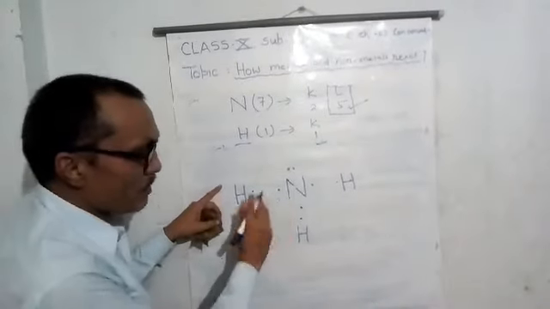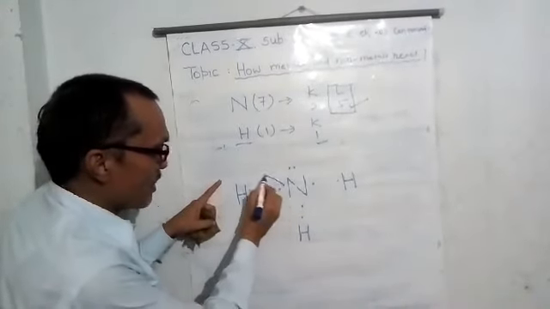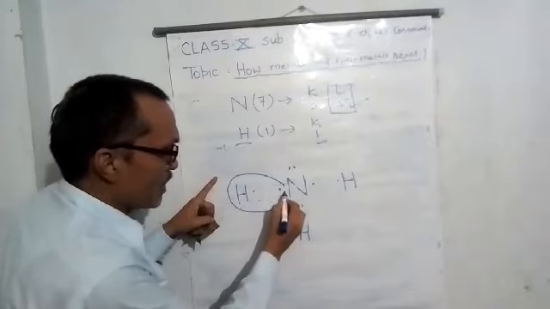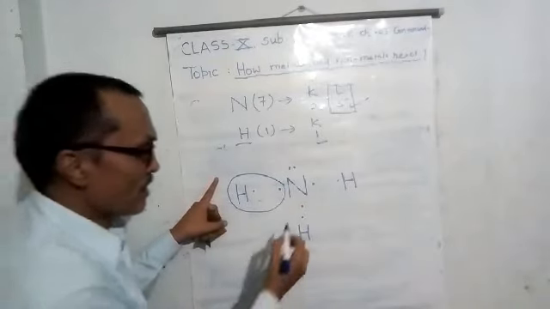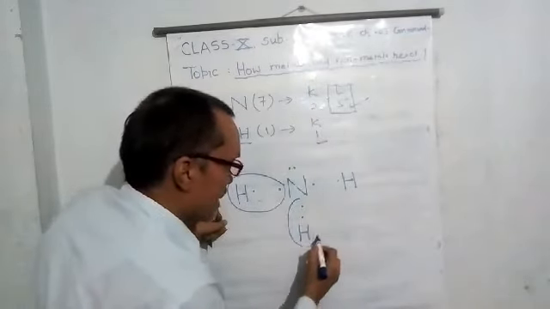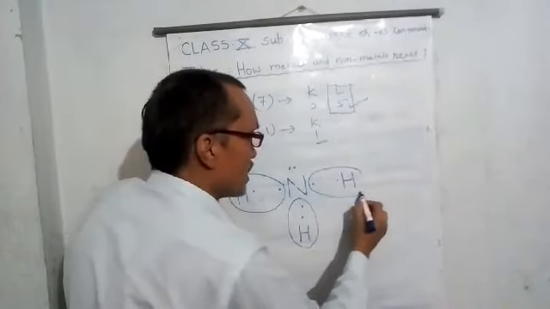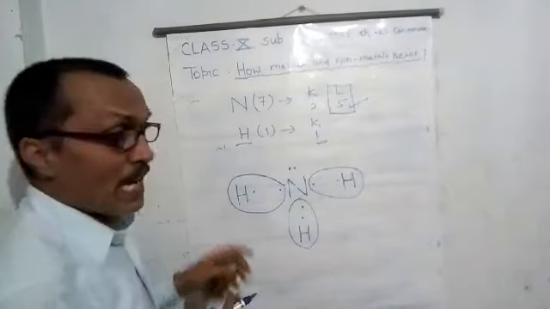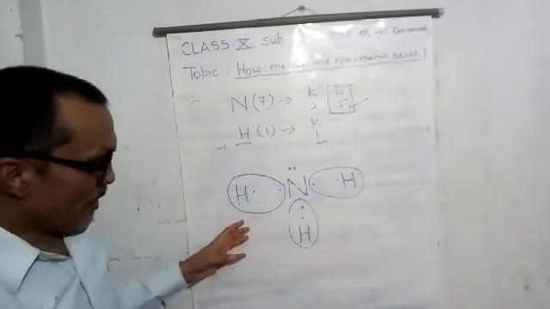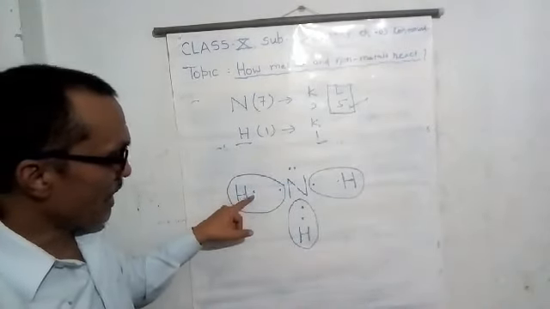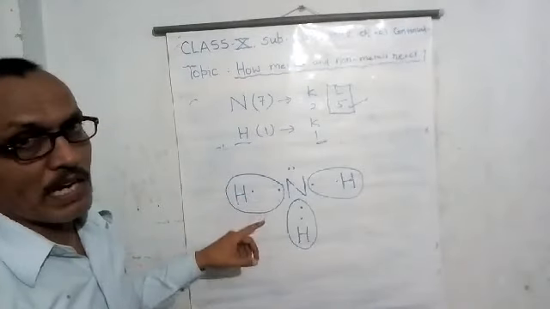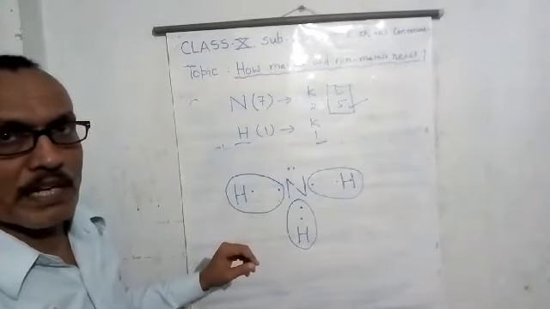Now students, mutual sharing. You can see here hydrogen is sharing one electron of nitrogen. Also this hydrogen, and also this hydrogen, is sharing one electron of nitrogen. In this way hydrogen has now become 2 electrons and it has become stable like helium.